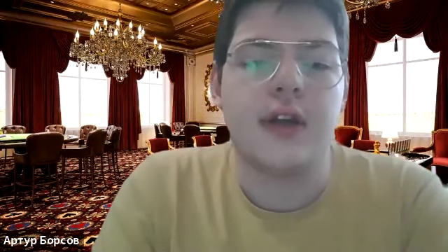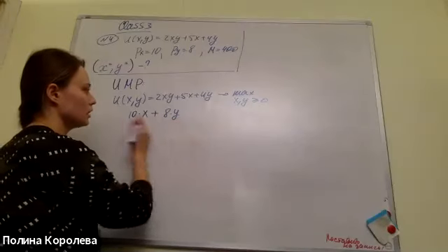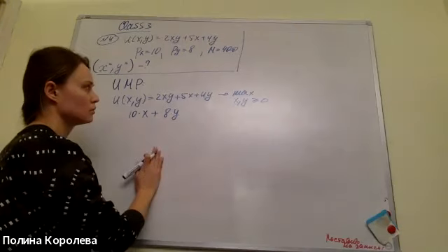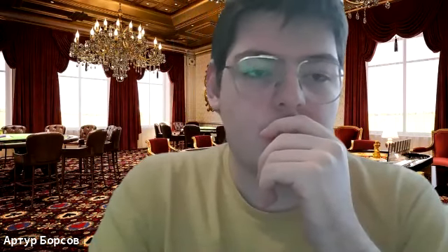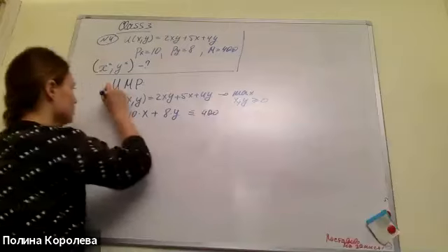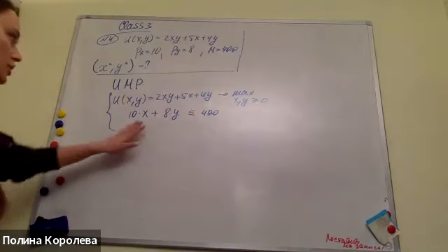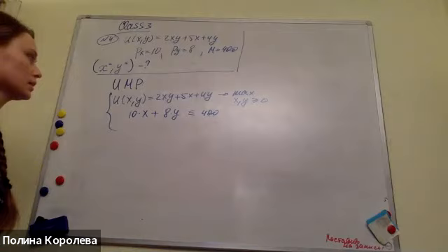Price of each class multiplied by the number of gym visits. And plus, then, less or equal to 400. Okay, this is our budget constraint, budget set.